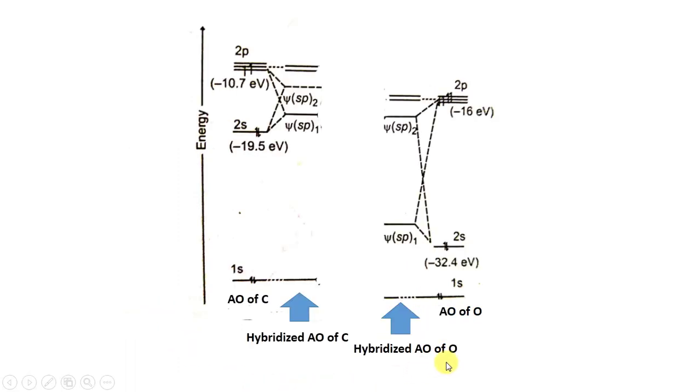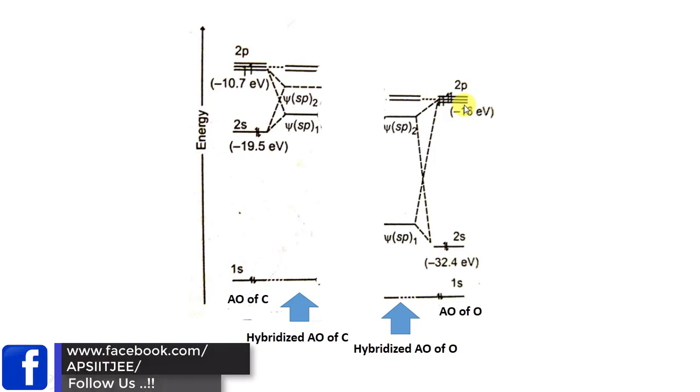So this is basically the initiation of the hybrid orbital or hybridized atomic orbital. As CO is sp hybridized, the 2s orbital of carbon and one of the 2p orbitals will be involved in hybridization and will form sp1 and sp2. Similarly, for oxygen it is also sp hybridized, that's why 2s of oxygen and one of the 2p orbitals will be involved in hybridization and will form sp1 and sp2.